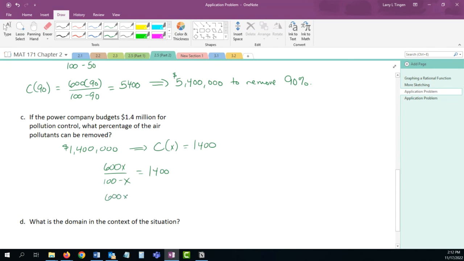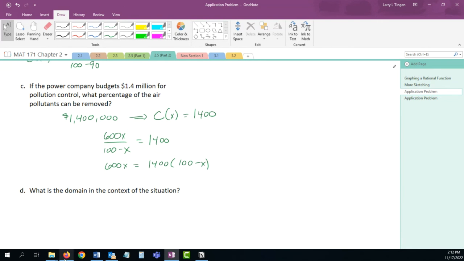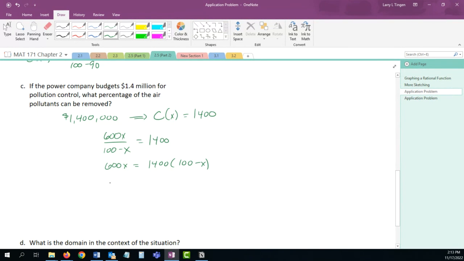I'm going to end up with 600X times 1 is equal to 1,400 times 100 minus X. Distribute on the right. 1,400 times 100 is 140,000. 1,400 times negative X is negative 1,400X.